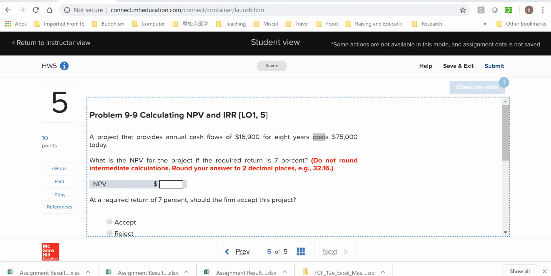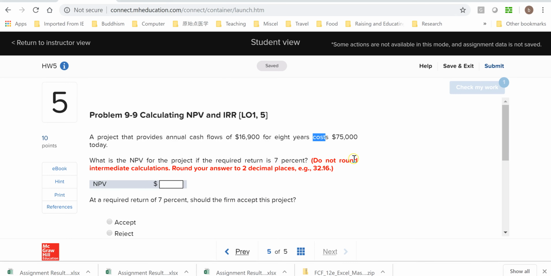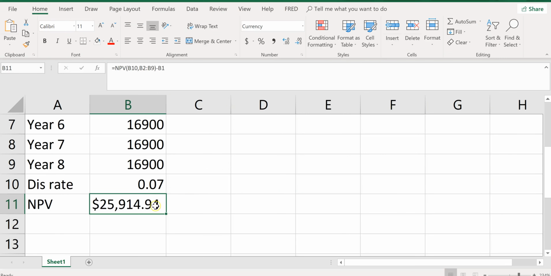So I have to look at the rounding requirement: do not round intermediate calculations, and I think that's the huge benefit of using Excel. It helps you avoid rounding intermediate calculations, and you round your answer to 2 decimal places, and that's what we did. So you don't have to format the cell.